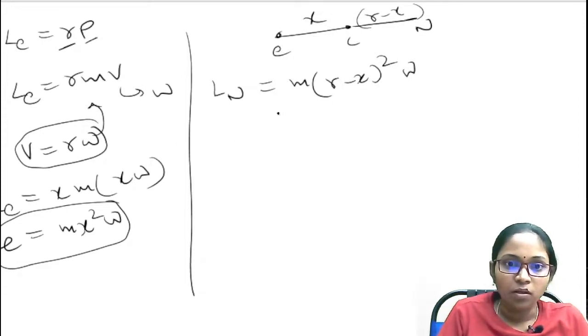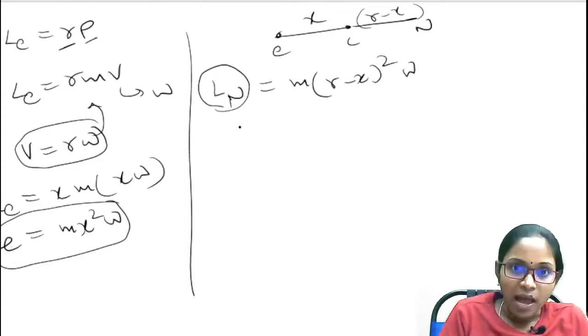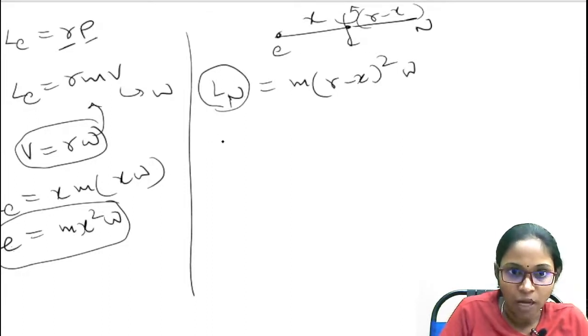This is the orbital angular momentum for the nucleus, and orbital angular momentum for the electron. As both the charges are moving about the same center of mass, the omega will be the same, and to find the total orbital angular momentum, we have to add up the angular momentum of the electron and the nucleus.